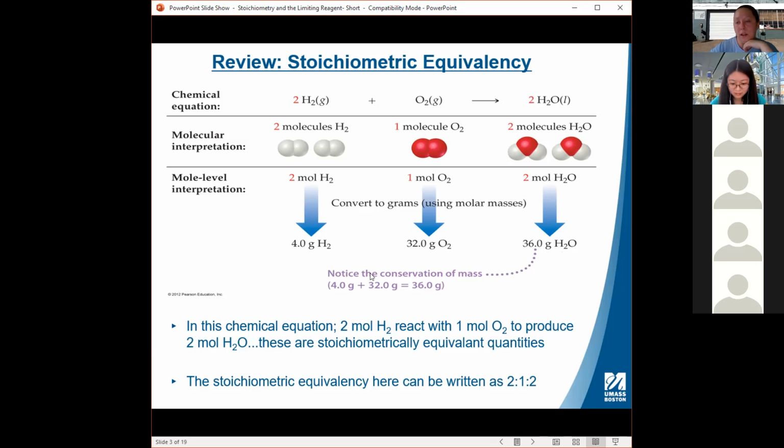So very quickly, I just want to point out that if your product amount in grams is more than the sum of your reactants, then something else is going wrong, because you cannot create matter.